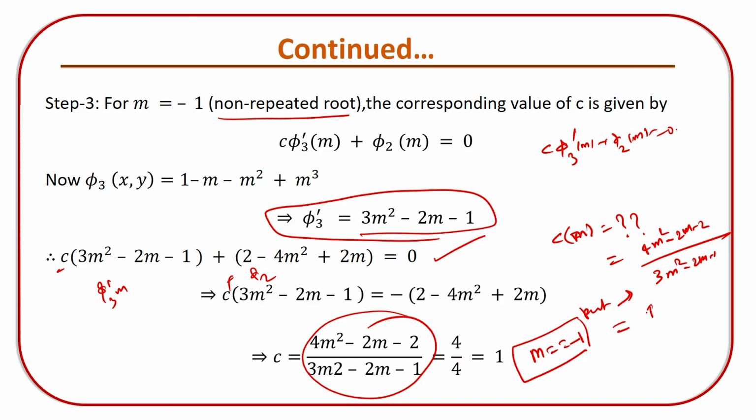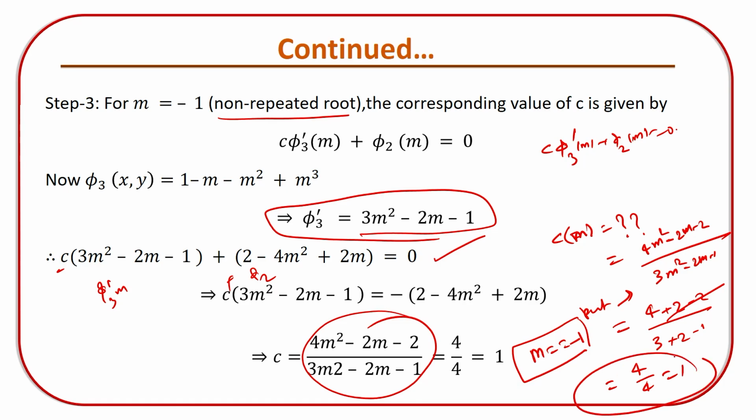The numerator comes out to be 4 plus 2 minus 2, which is 4, and the denominator comes out to be 3 plus 2 minus 1, which is also 4.